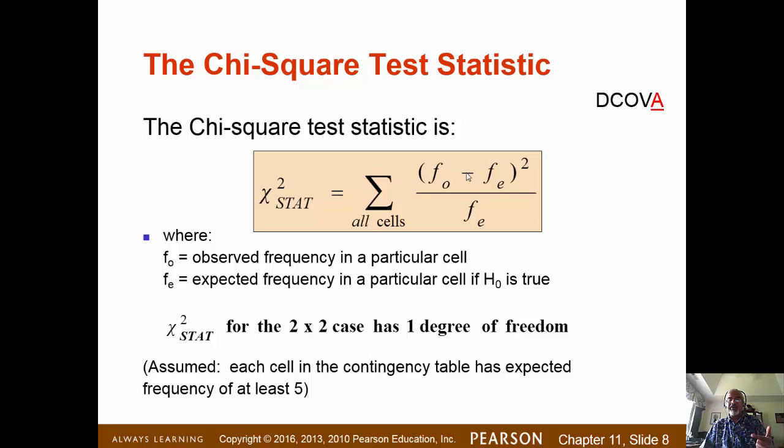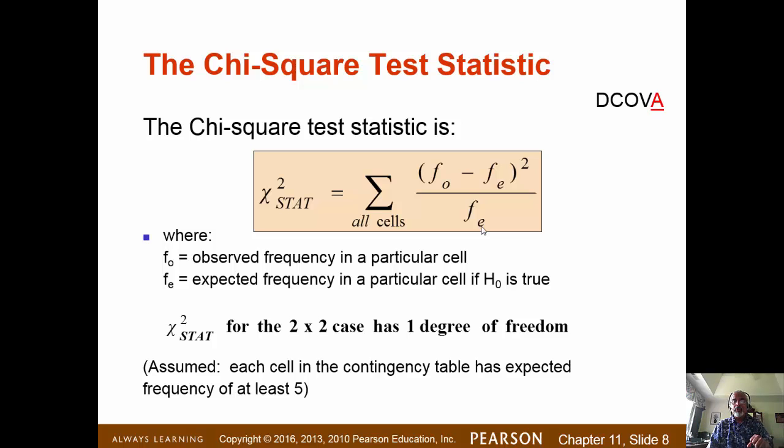For that chi-squared table value, chi-squared is like an F table value. Chi-squared again is because of the squared value, so you have only positive values for chi-squared, and you have only the right side tail.